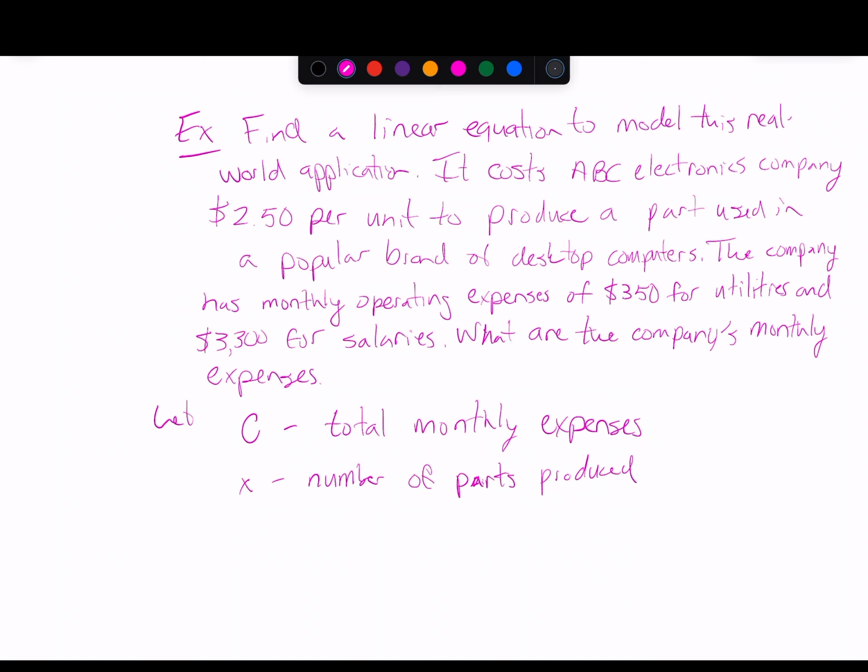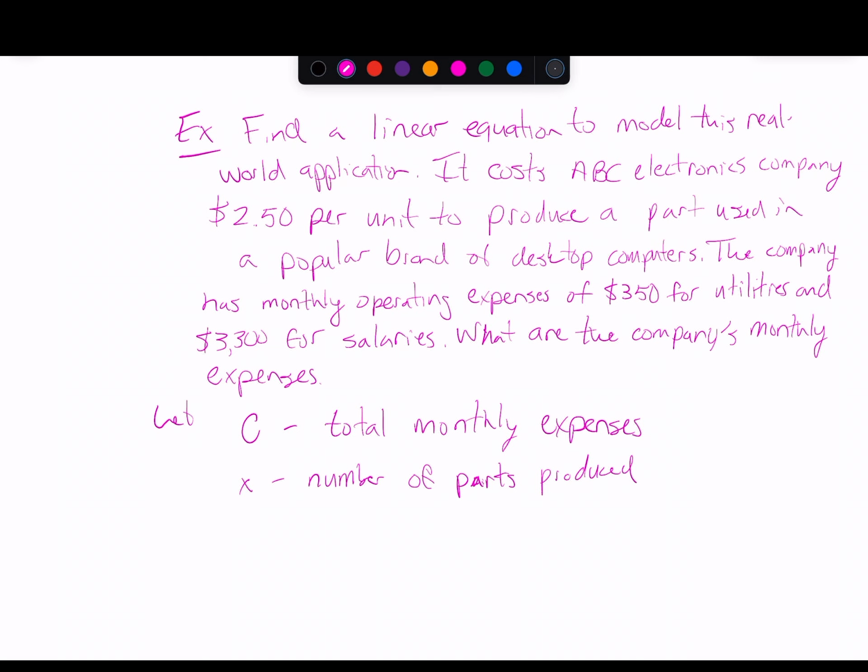So we've identified the things we know. We spend $2.50 per unit to produce the part, $350 for utilities, and $3,300 for salaries. We have assigned variables for the things that we don't know.